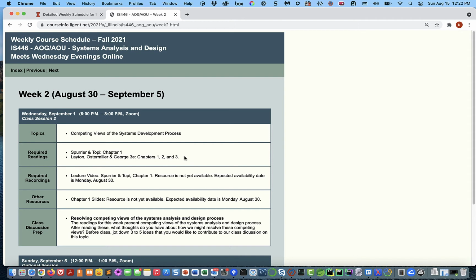And so we're going to get from the readings and then from my lecture on the Spurrier and Topi chapter some pretty good input on what the alternative views are of how to do this activity and how we might choose among them. And then, of course, we're going to discuss that. Okay, so that's what's going on in week two.